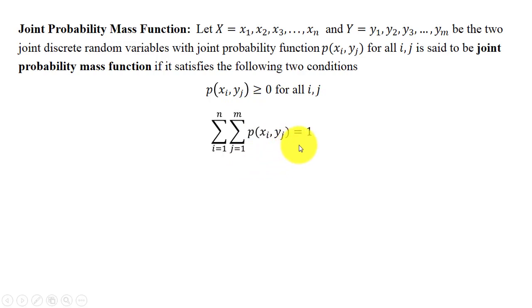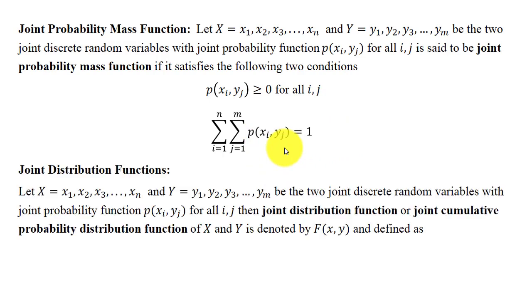So such a probability function is known as a joint probability mass function. A joint probability function P of xi comma yj is known as a joint probability mass function if it satisfies two conditions: the joint probability is non-negative and the summation of all the joint probabilities equals 1.